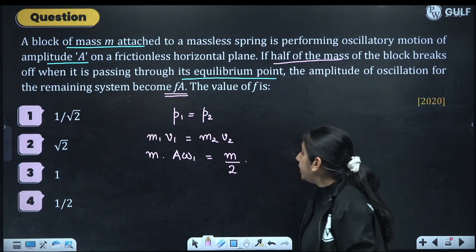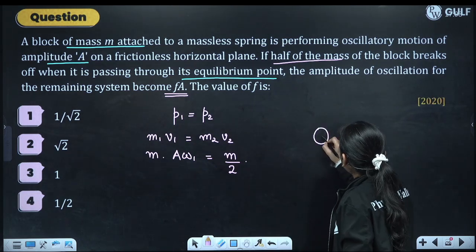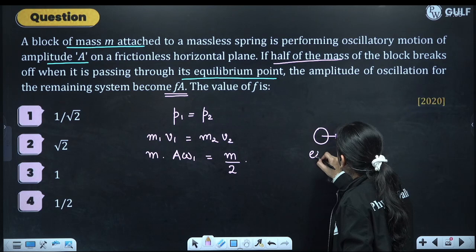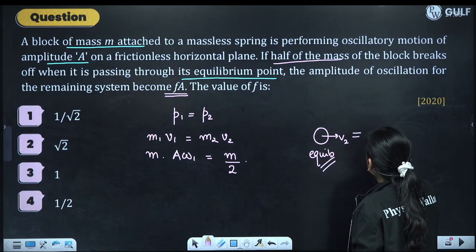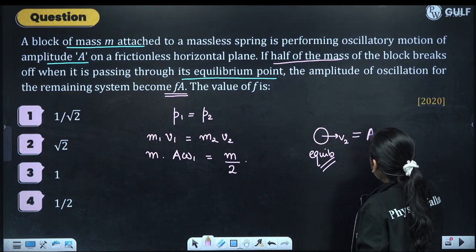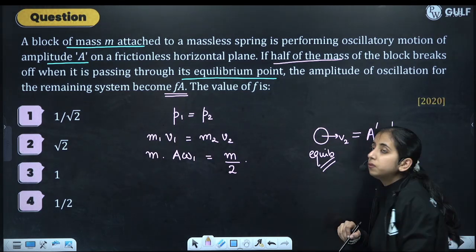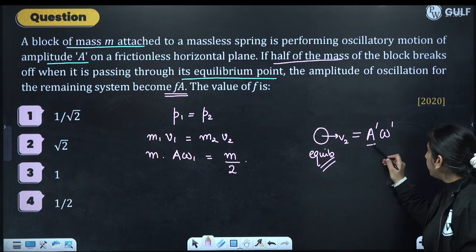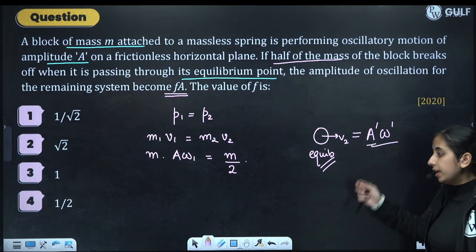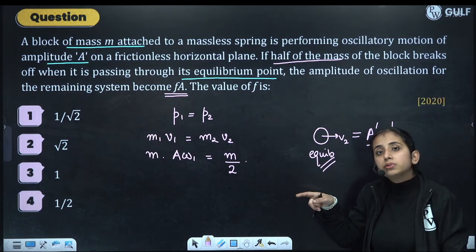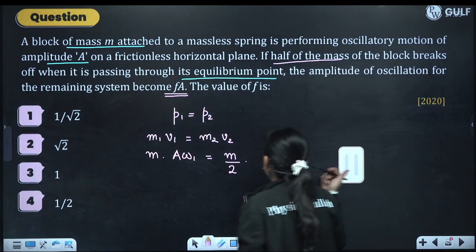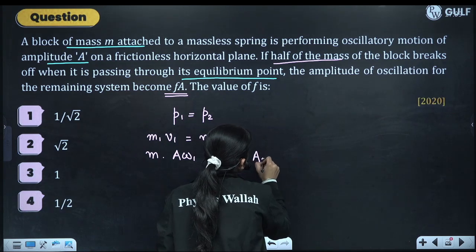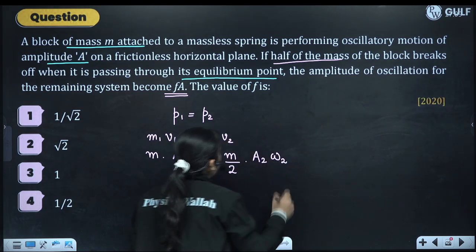V2 is the speed at the equilibrium point, which should equal the new amplitude into the new angular frequency. The speed at equilibrium position is amplitude times angular frequency, so V2 will be A2 into omega 2.